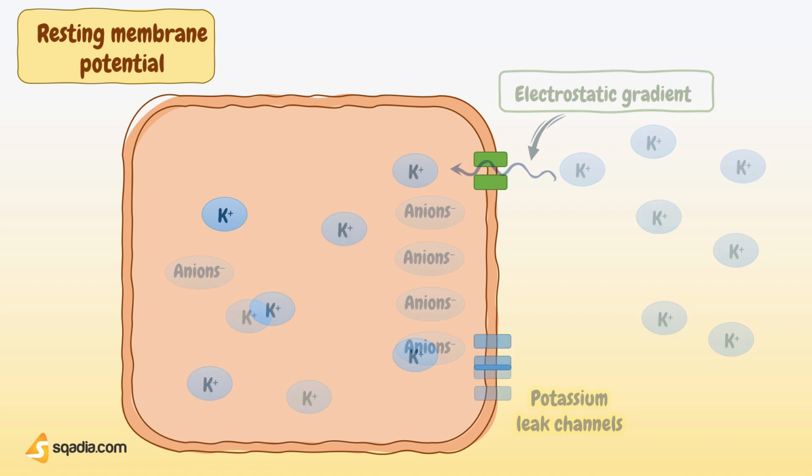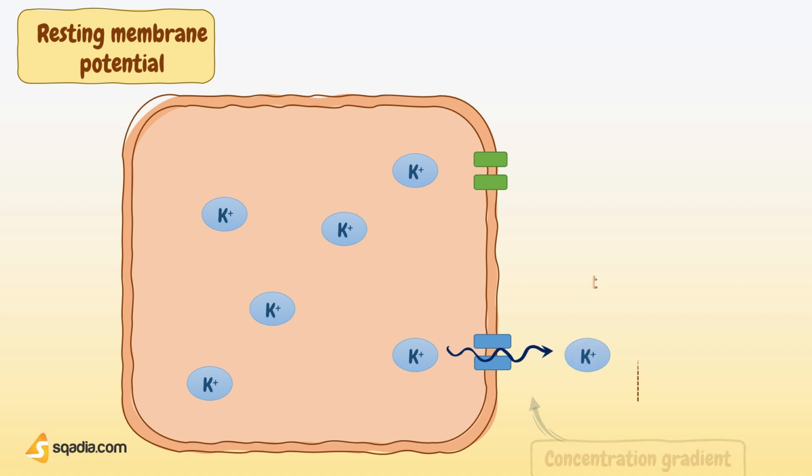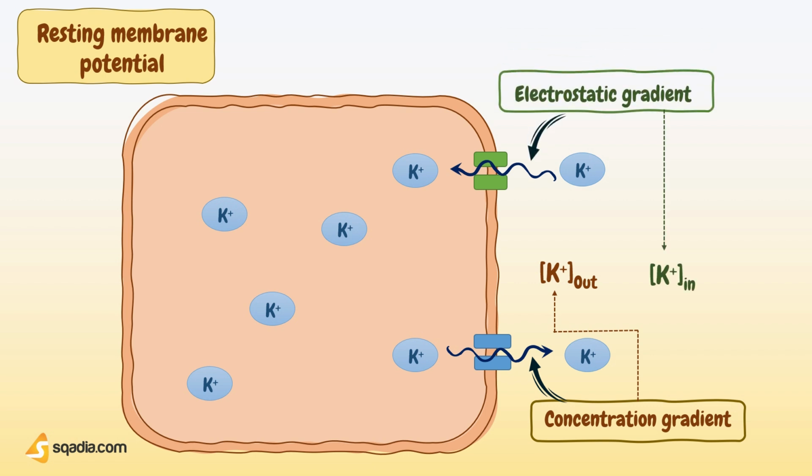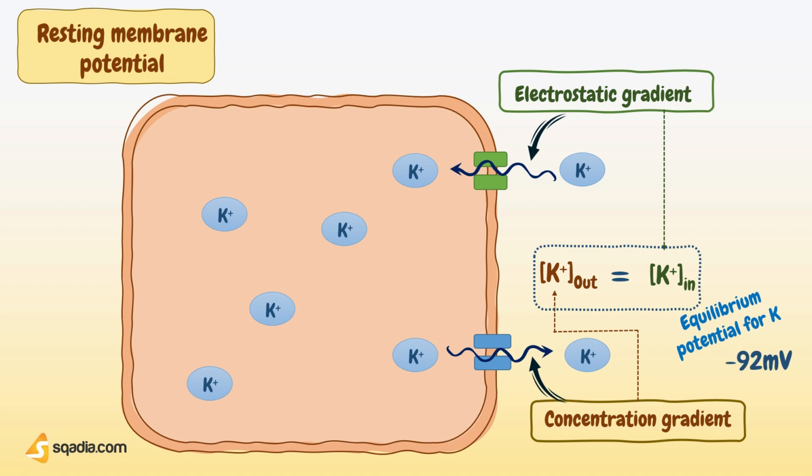Here the point where the outward movement of potassium due to the concentration gradient, and the inward movement of potassium due to the electrostatic gradient becomes equal, is called the equilibrium potential for potassium, and its value is -92 millivolts. That means at -92 millivolts electric potential, the inward and outward movement of potassium gets balanced.